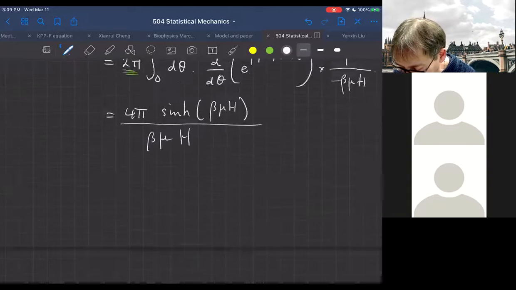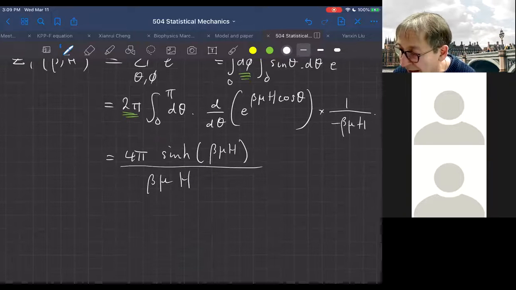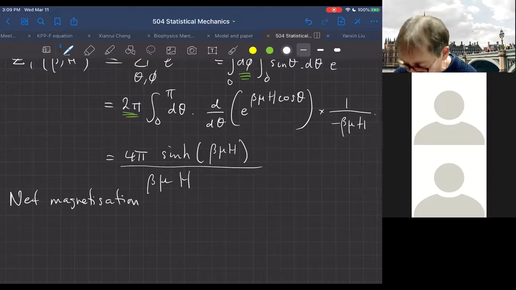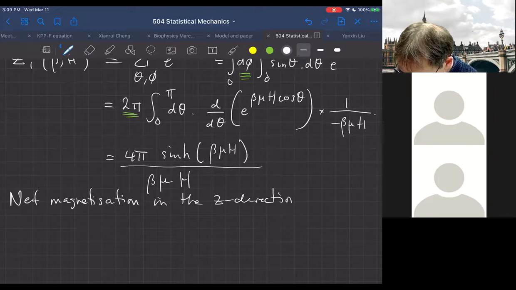Now the thing I want to compute is the magnetization. So the net magnetic moment or net magnetization, as we call it, in the z direction. So that is just the following. I take mz.